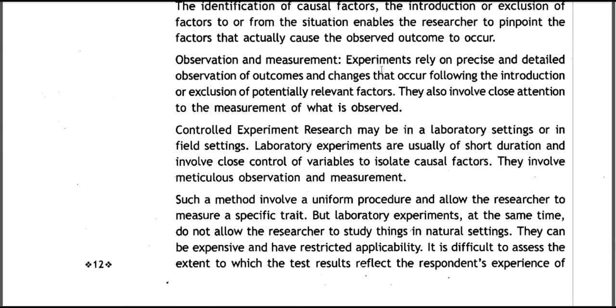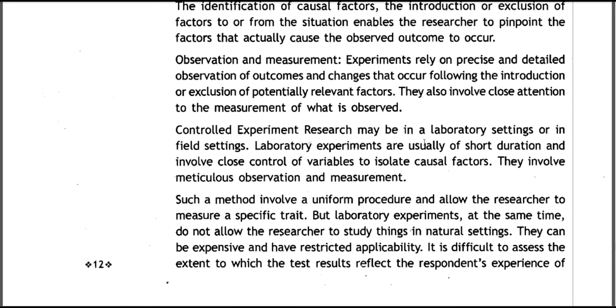Observation and measurement. Experiments rely on precise and detailed observation of outcomes and changes that occur following the introduction or exclusion of potentially relevant factors. They also involve close attention to measurement of what is observed.